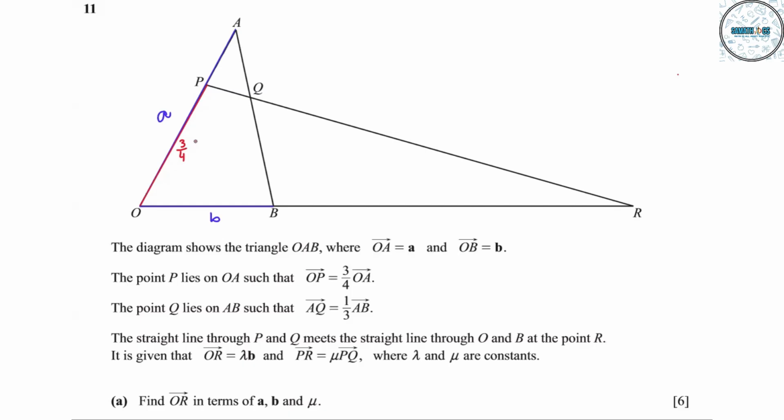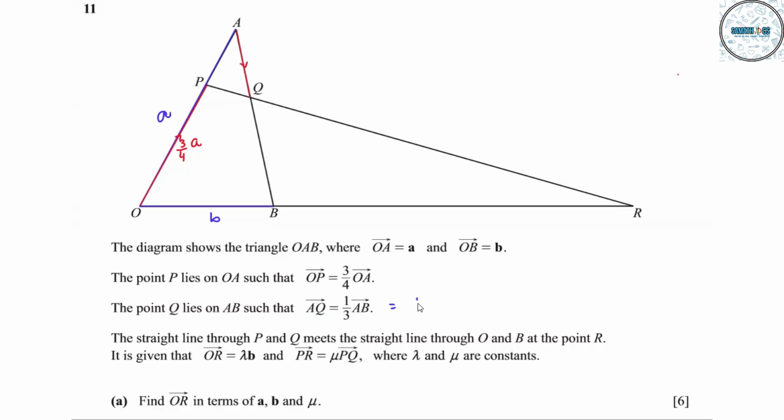It means it is 3/4 of a. Then we have AQ, from here till here, which is 1/3 AB. We don't know AB, so we will take out AB.